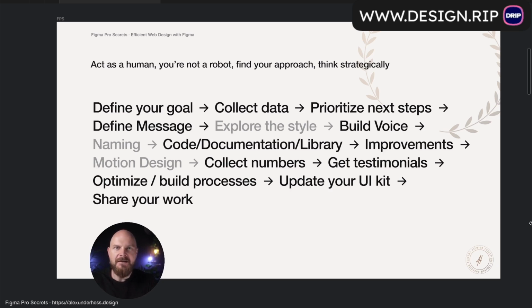If I can improve design with motion, I will definitely go for that if there are the right resources for that, like time and budget. The next part is collect numbers. This is the stage where the project is already working, everything is going fine, but this is the part that I recommend you to do: collect numbers like retention, DAU, MAU, engagement, just any numbers, conversion rate, then collect all the numbers that you can collect from the very beginning.